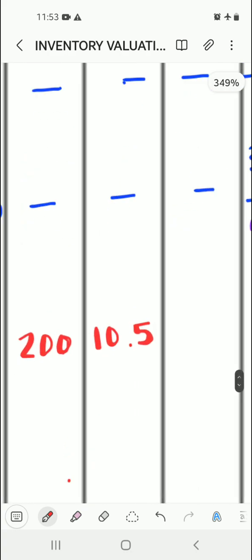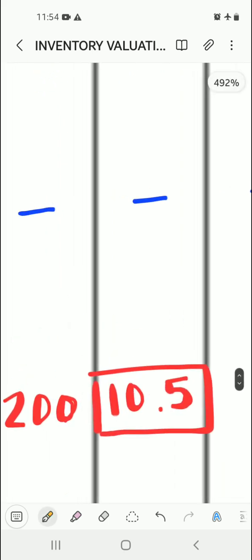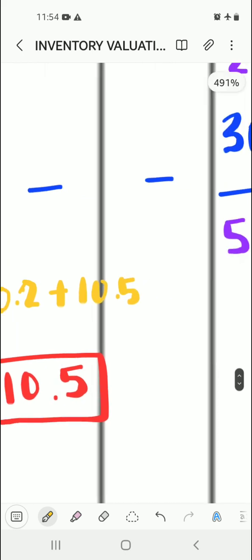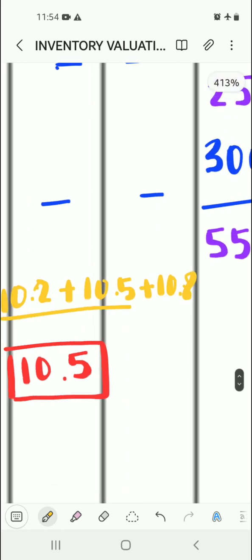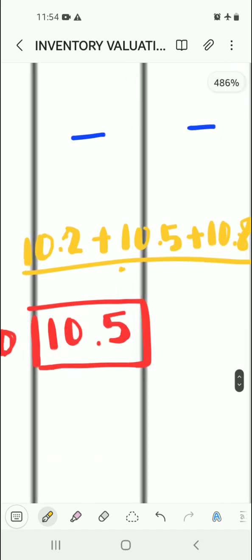How did we get this 10.5? We'll get it by adding 10.2 and 10.5 and 10.8 divided by 3. So this is how we have got this 10.5.